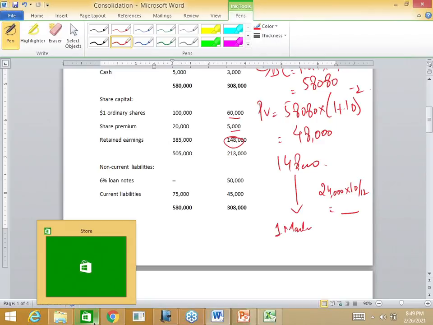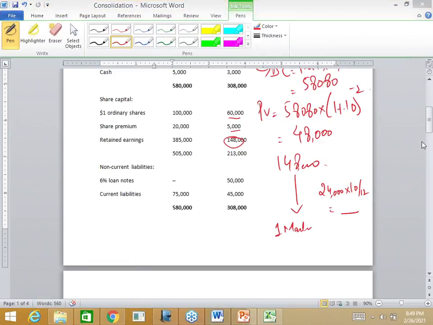Can you do the calculation? It's 20,000. So in the post-acquisition period, the company has earned a profit of 20,000. So what will be the profit of the company at the date of acquisition? By deducting this 20,000 figure, you get 128,000. So at the date of the acquisition, the company has retained earnings of 128,000.